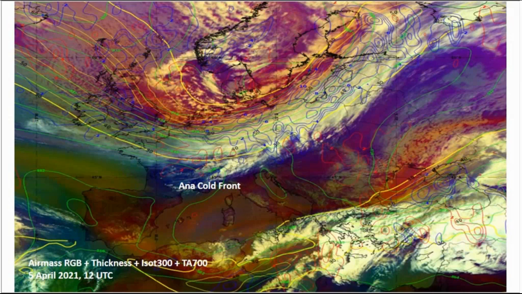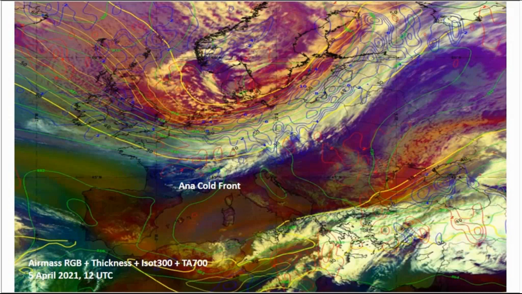Now this is quite a busy slide, but I wanted to just present this front and some of the key parameters. I was suspecting it was an ANA cold front, and my thoughts were confirmed with checking some of these elements in these model fields.